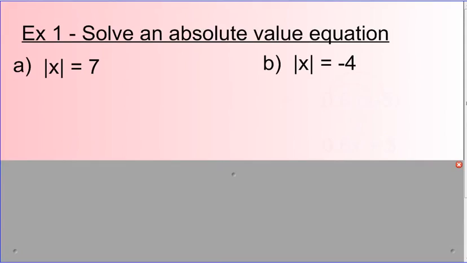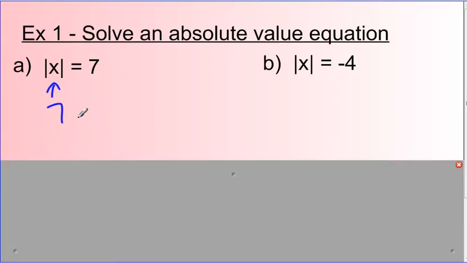Okay, let's go ahead and get started. Here we want to solve a couple of these absolute value equations. We're trying to find out what this x could be. What value could I plug in here for x to make this equal 7? Well, I could plug in a positive 7, and the absolute value of it gives me 7.